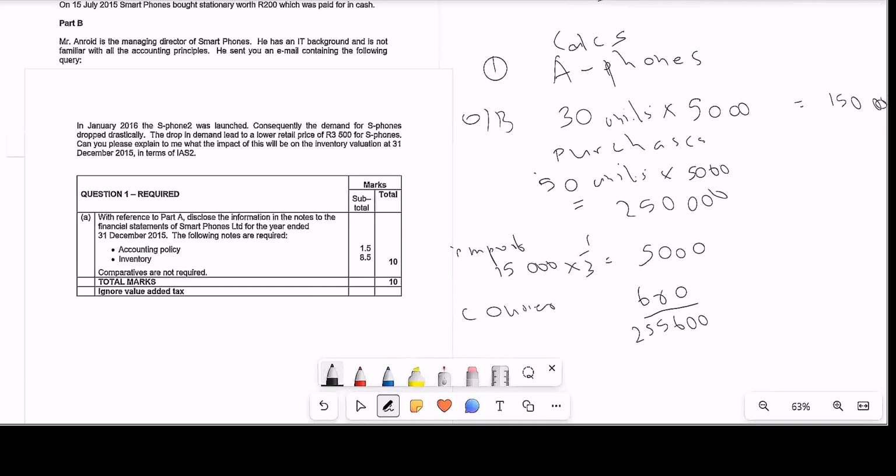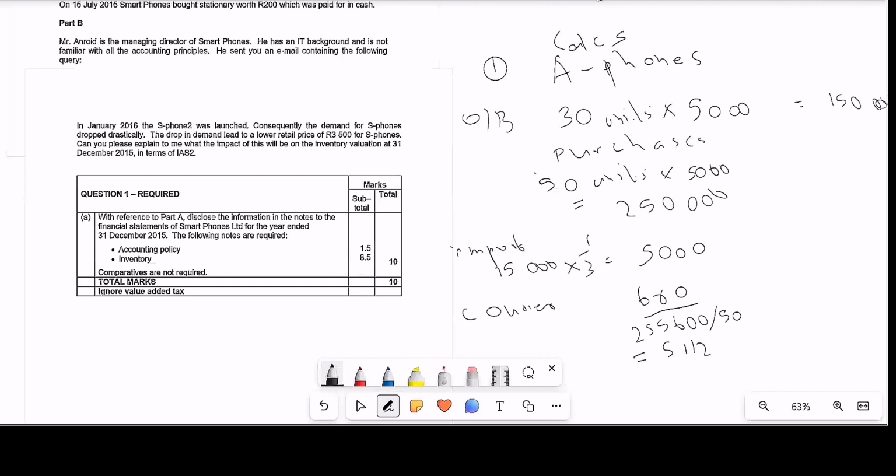So here we also have to calculate the total value of this inventory, like how much is it per unit? Because with first in, first out, we'll have to know how much these 50 units individually cost, including their import duties and their courier costs, divided by 50. And that gives us 5,112. So this is the value for the A phones.